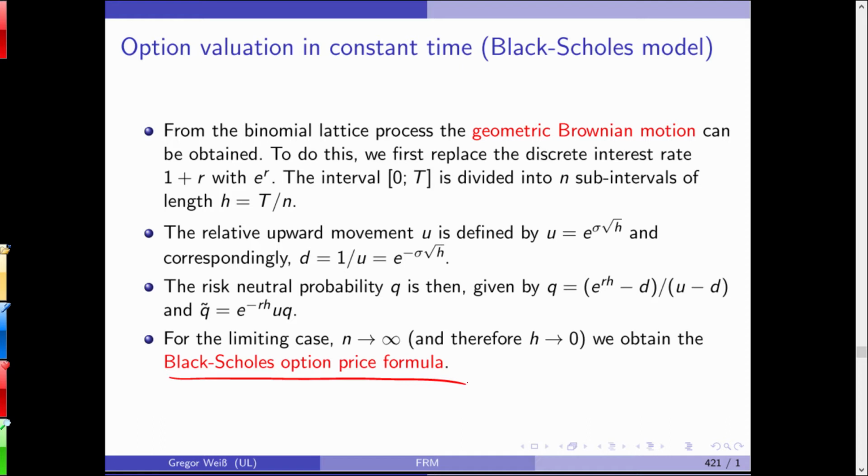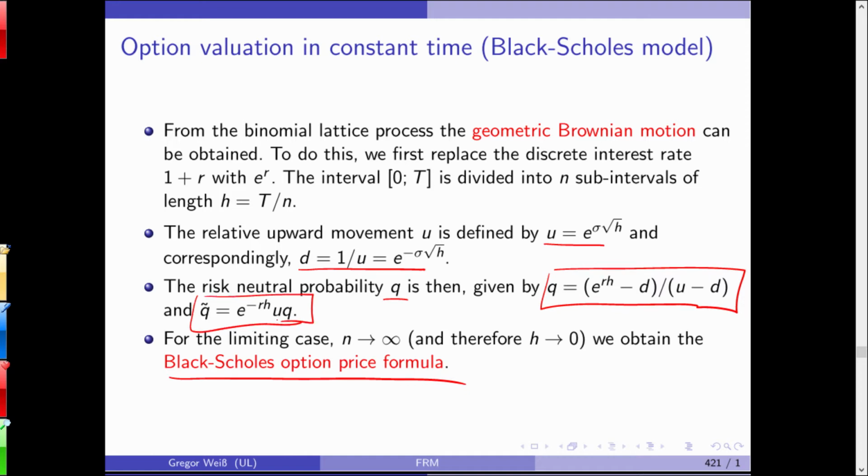So if you're moving away from discrete time to continuous time, then you can see that the Black-Scholes model is the limiting case. And you can also see that here the relative upward movement is given by this and this. And these are the risk-neutral probabilities. You can also calculate them here.